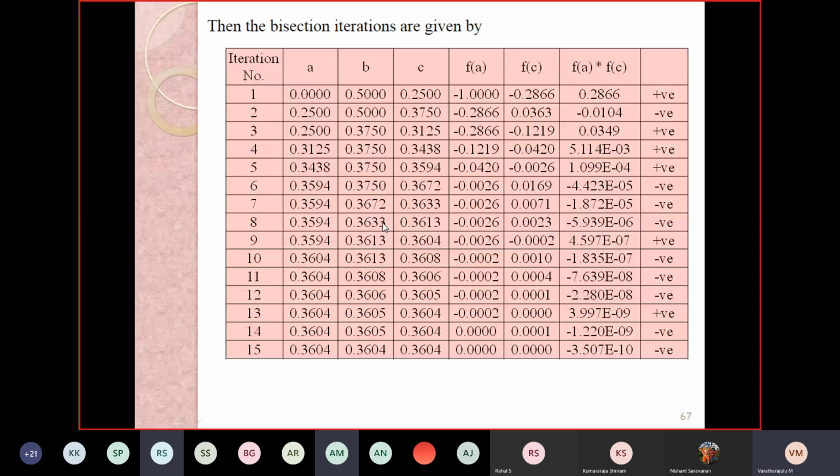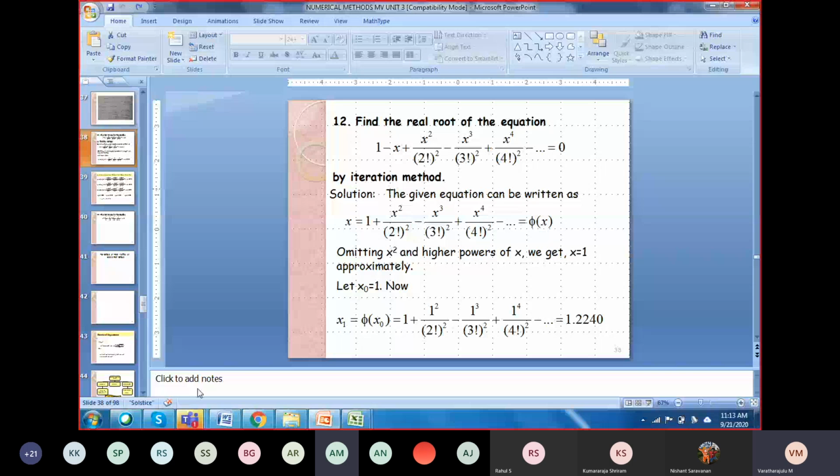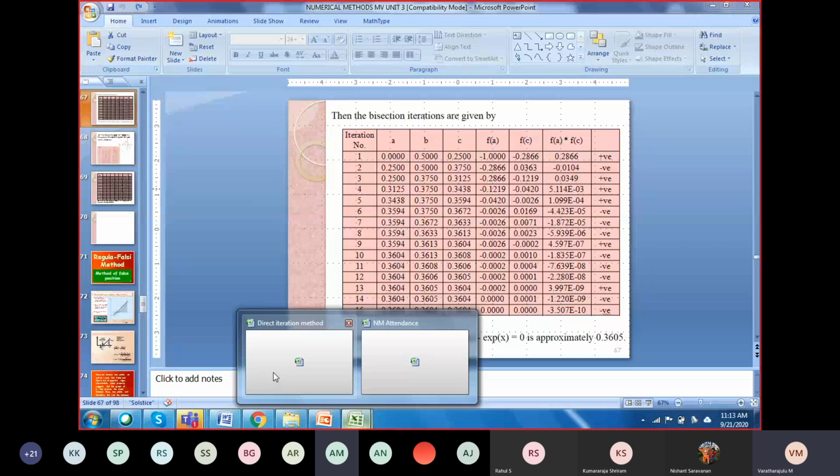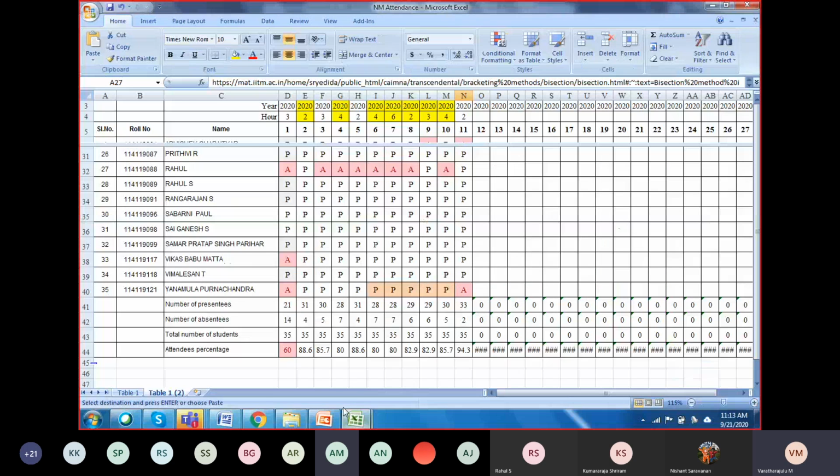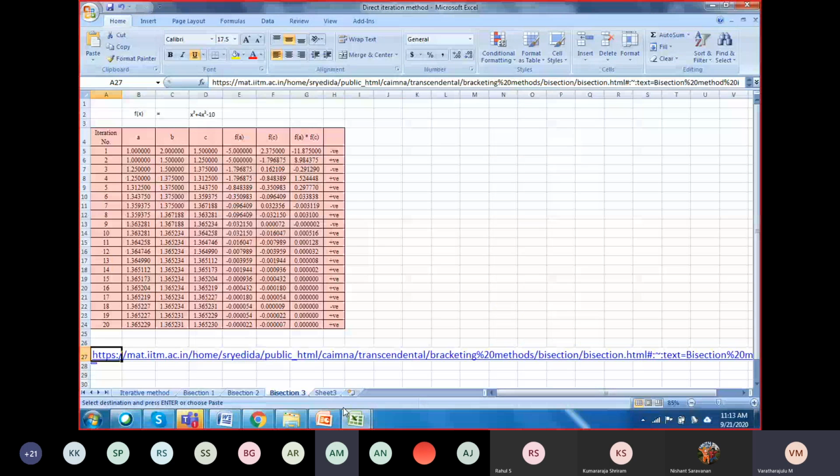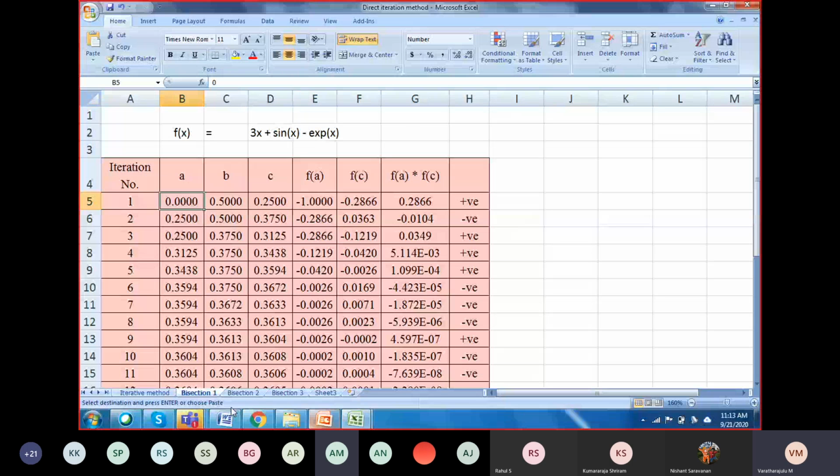I will show in Excel how the formulas are arranged. See the given problem. My Excel is visible.